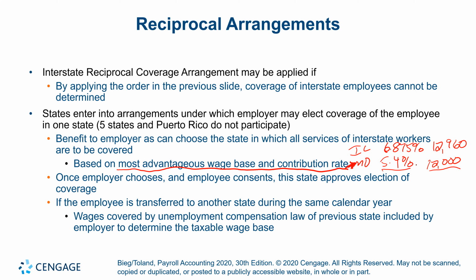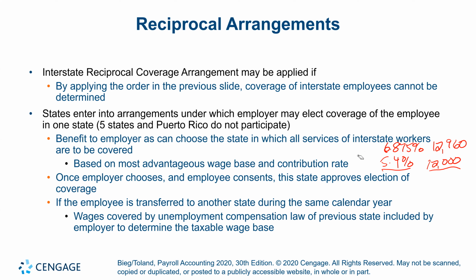But just like it shows here, once the employer chooses and the employee consents, the state approves the election of the coverage. If the employee is transferred to another state during the same calendar year, wages covered by the unemployment compensation law of the previous state are included by the employer to determine the taxable wage base.